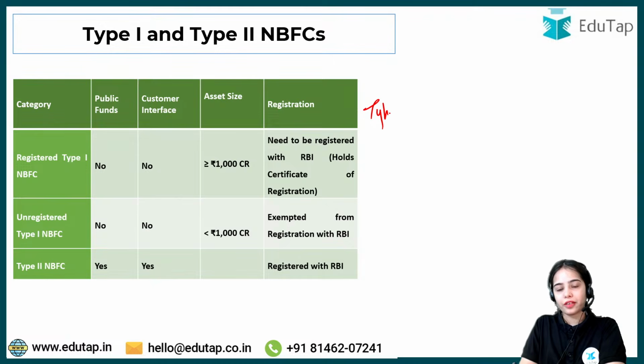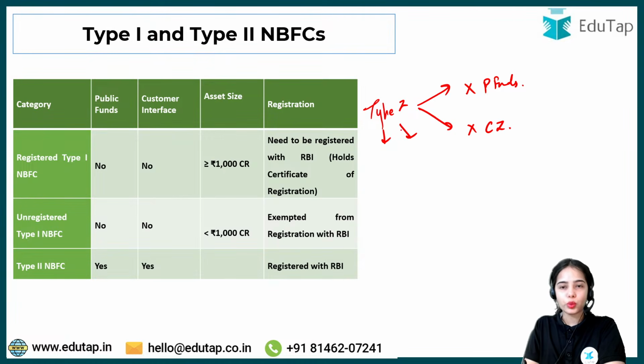See, the type 1 NBFCs are those NBFCs that do not take public funds and do not have the customer interface. Type 1 NBFCs are divided into 2 categories: registered type 1 NBFCs and unregistered type 1 NBFCs.